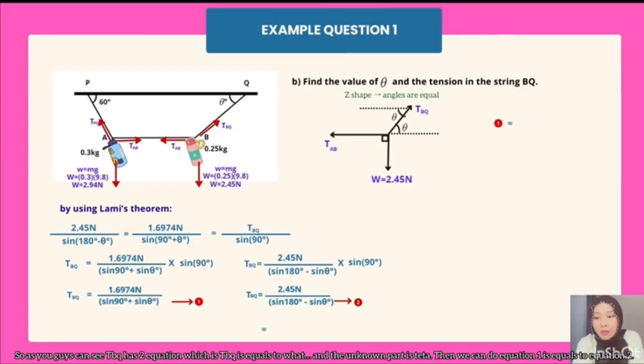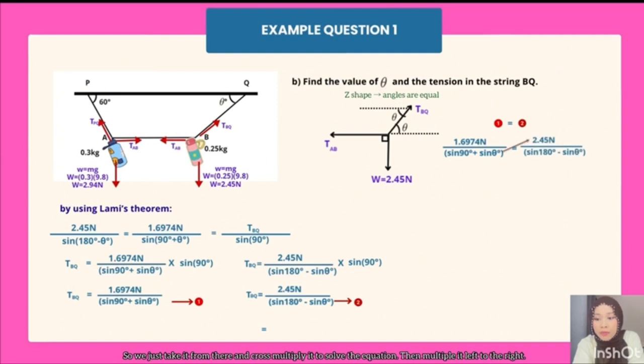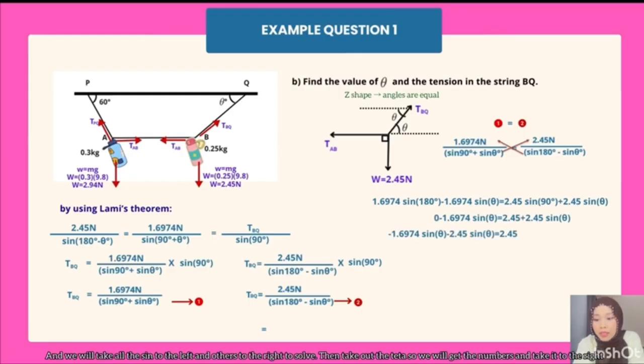So we can take equation 1 equal to equation 2. We just take it from there and cross multiply it. So we multiply left to the right, and we take all the sine to the left and all the numbers to the right. So we will take out the sine theta, so that we will get numbers.